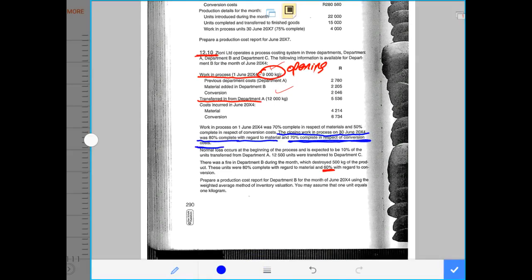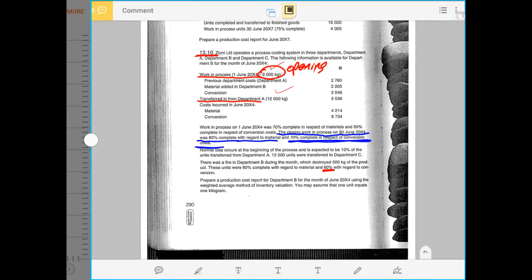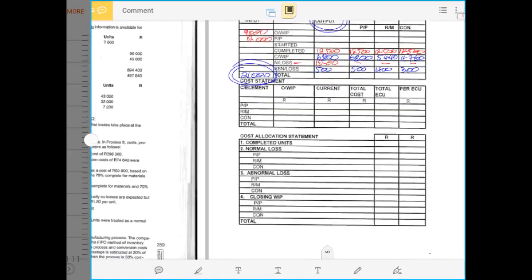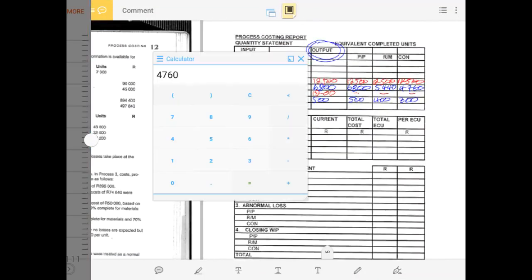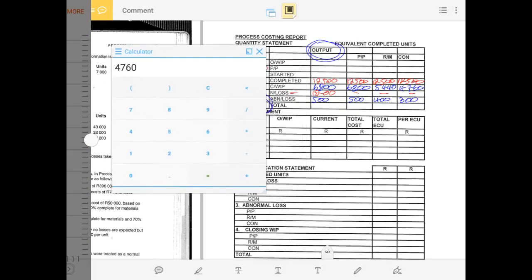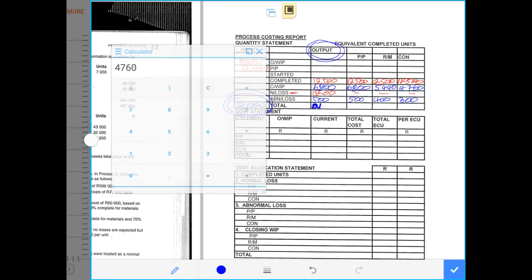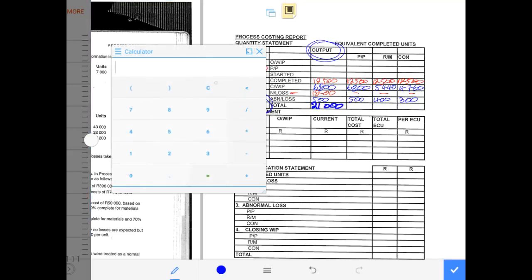That is the closing stock. So now we have covered all the units, and if all the units are covered, then we can calculate all the totals. Under the output, it will be the total of 21,000. Then the next one will be 12,500 plus 6,800 plus 500, which will be 19,800.